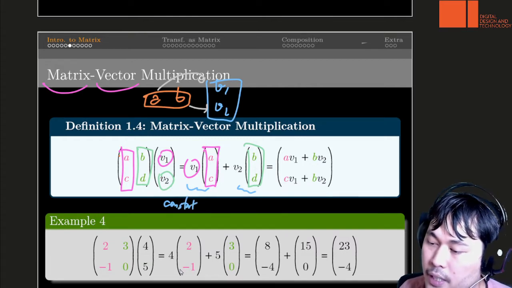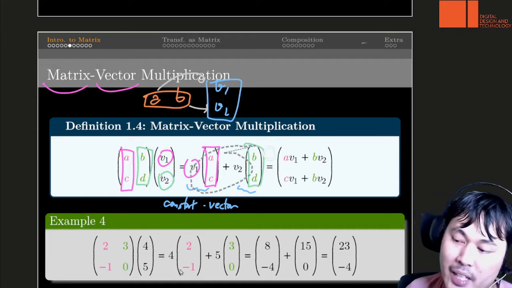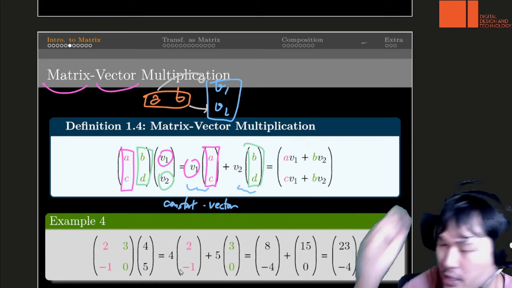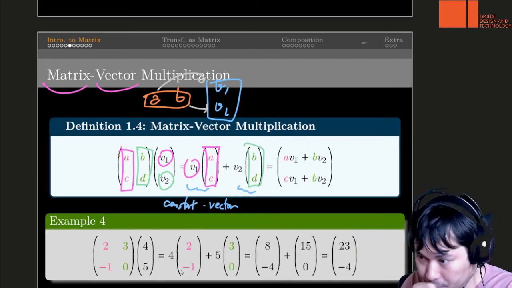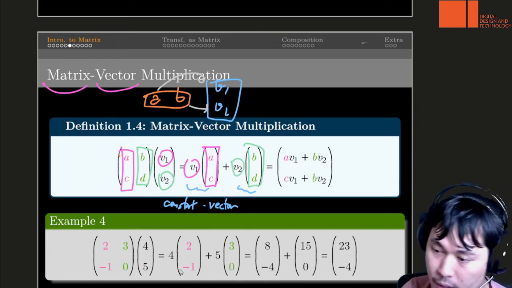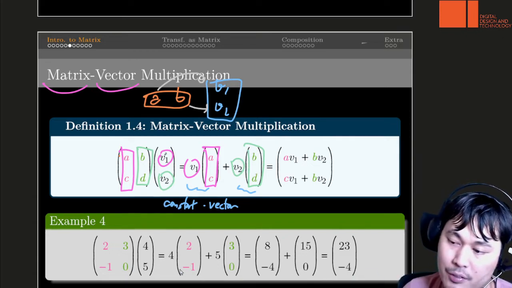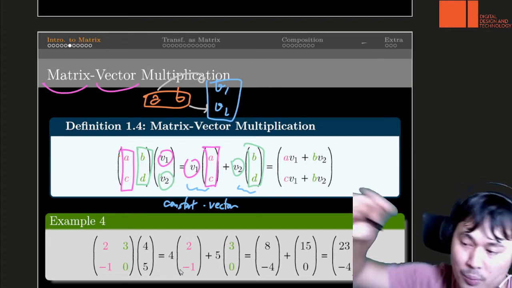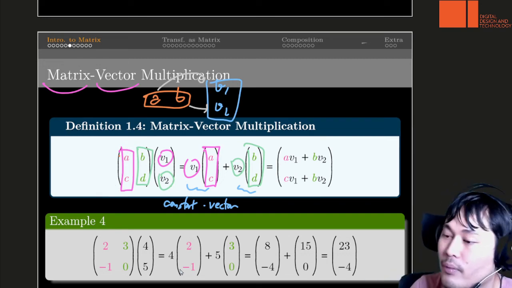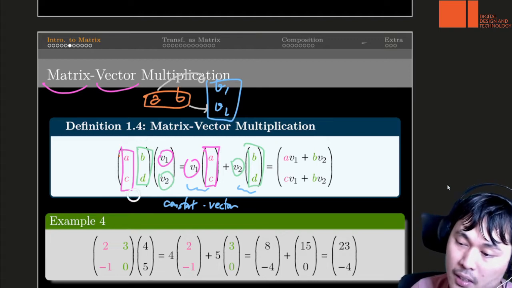Now this becomes a constant times a vector. And once we have that, then we can go back to the definition of this multiplication. And likewise, we have V2, which is a constant at the bottom times a vector. So in a sense, you only have to rotate this vector V1, V2 by 90 degrees. You still keep the same orientation for the columns of the matrix.